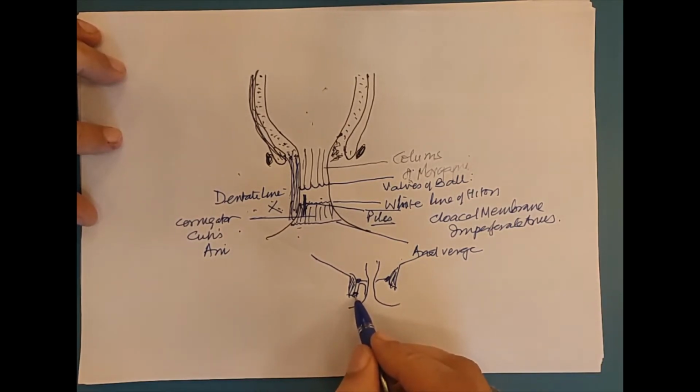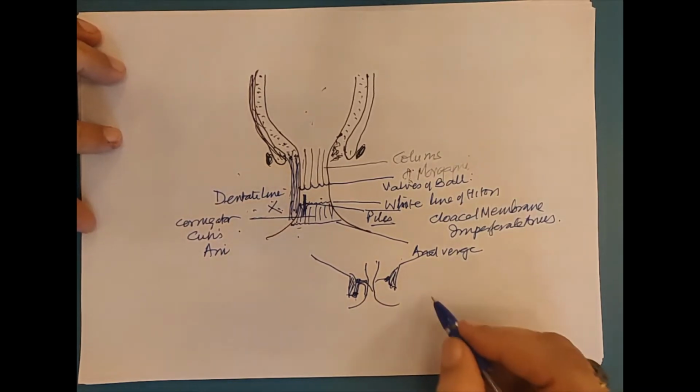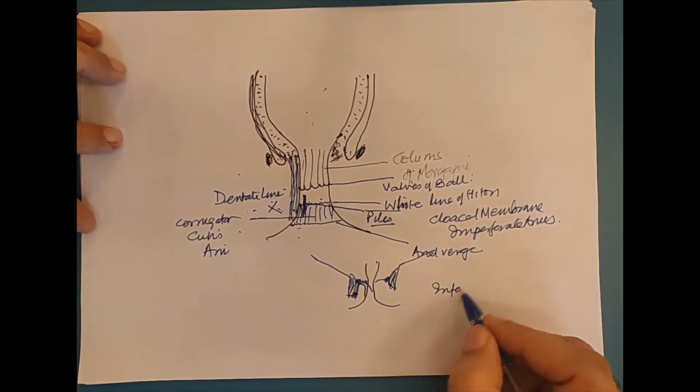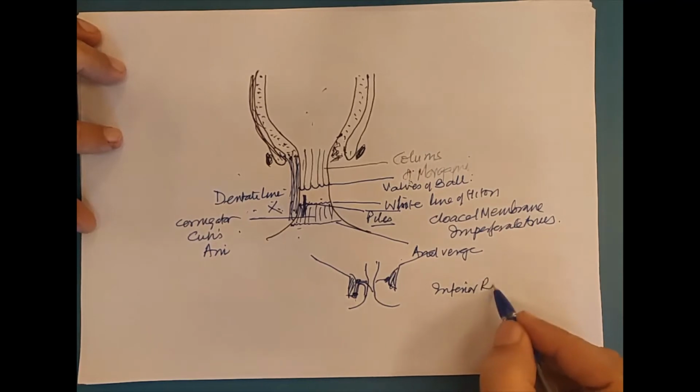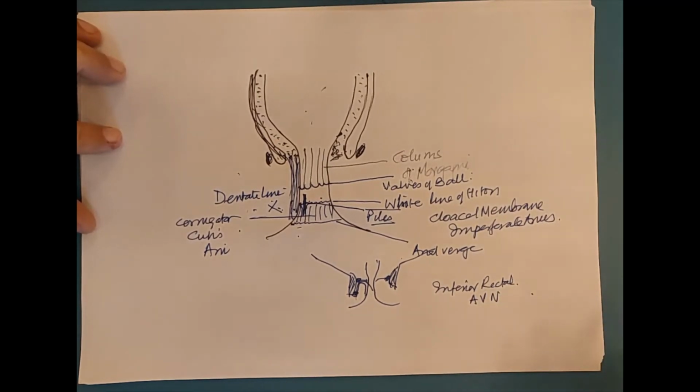So this pudendal nerve and artery would first go up, then on the inner surface of levator ani, and then reach the rectum and anal canal. So these are the inferior rectal artery, vein and nerve.